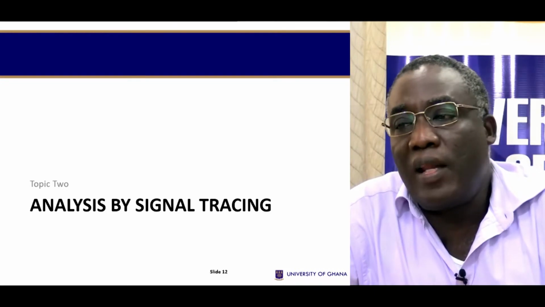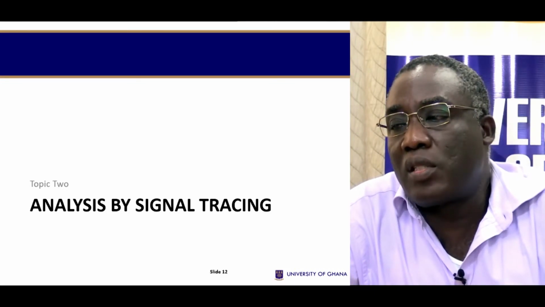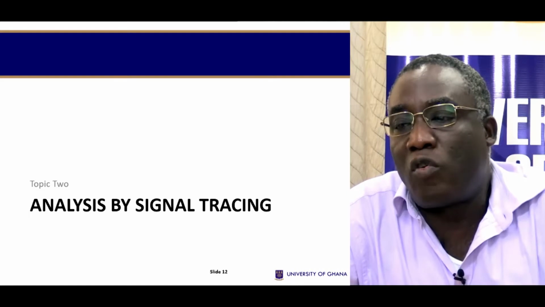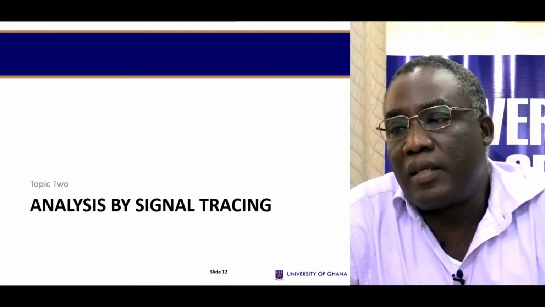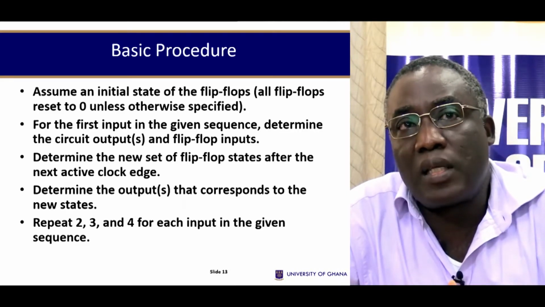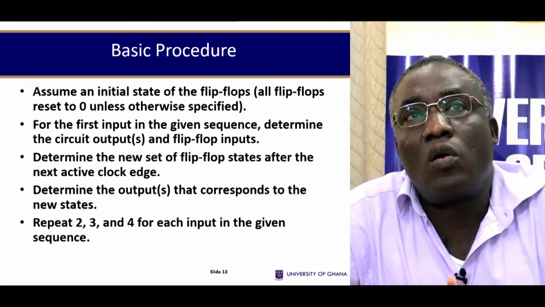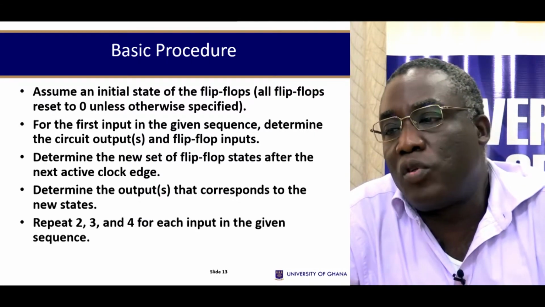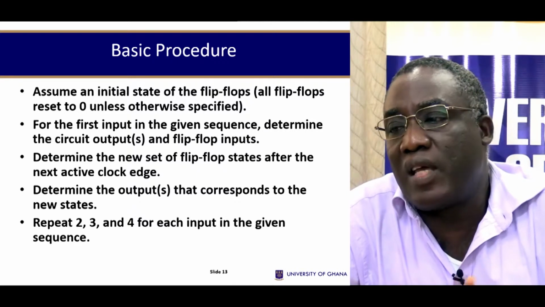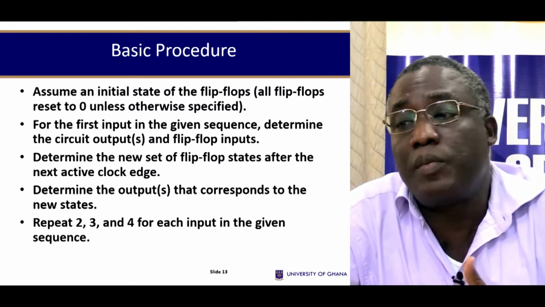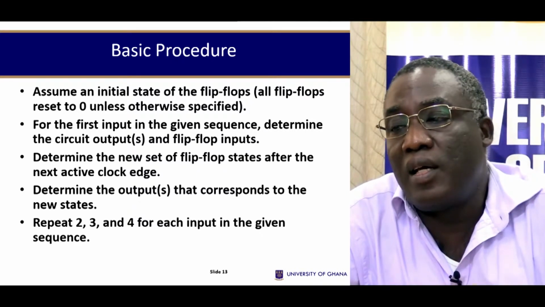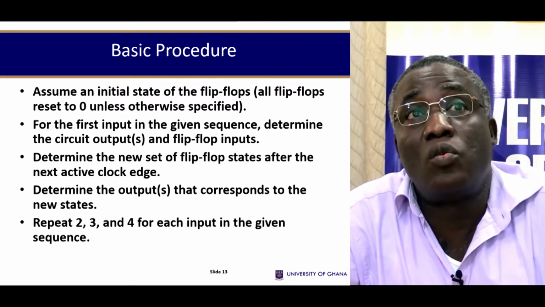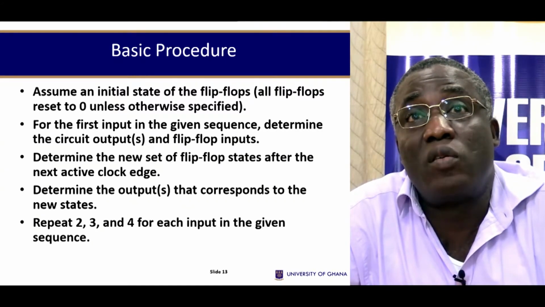So here I want to analyze clocked circuits from a given input sequence by signal tracing of zeros and ones. Now, there is a basic procedure you follow. You need to construct a timing chart which shows the relationship between the input signals, the clock and the flip-flops. You assume an initial state of the flip-flops.